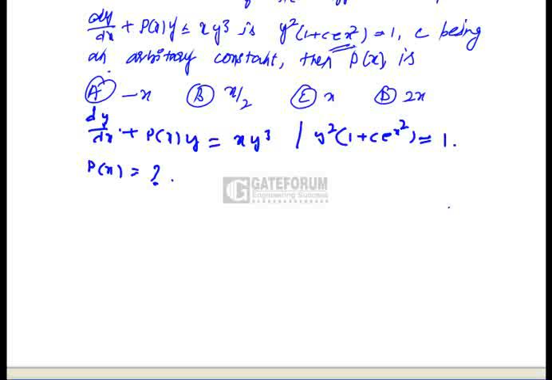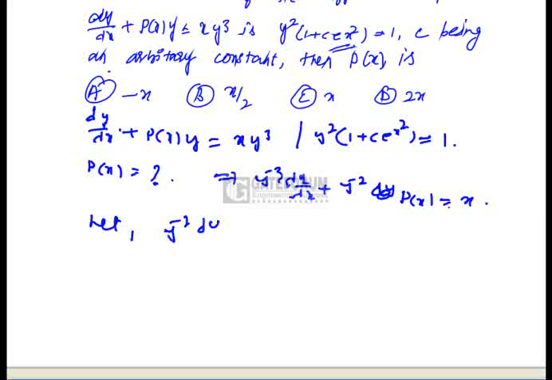So, if we divide it by y cube, we'll obtain y power minus 3 into dy by dx plus y power minus 2 into p of x is equal to x. Now, again, in order to convert it into first order differential equation, let us consider y power minus 2 as some z.